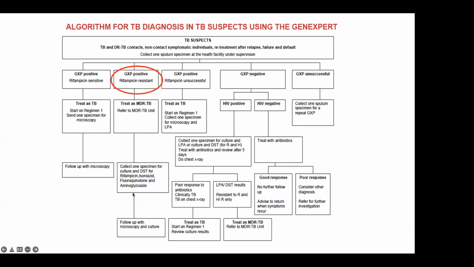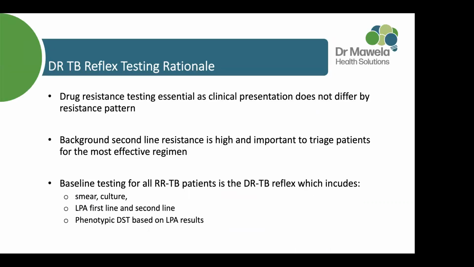We are going to start by looking at why you need to collect this reflex test and what it involves. As soon as a patient is diagnosed with drug-resistant TB by virtue of having TB that is resistant to rifampicin, a DRTB reflex test has to be done.